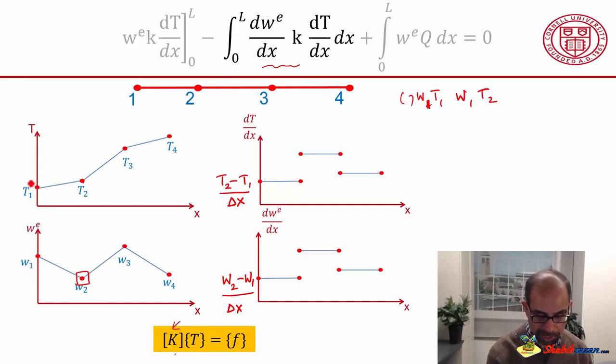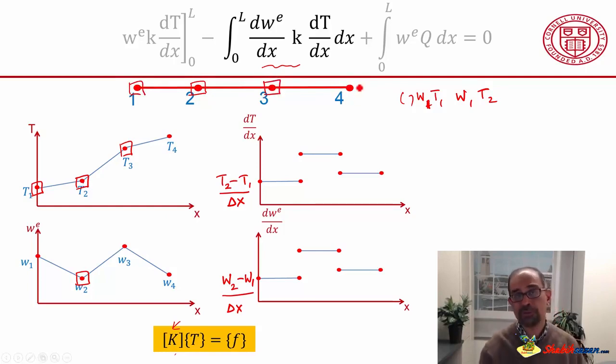W2 is multiplying T1, it's multiplying T2, that comes from the integral over the first element, and then W2 will multiply T2 in this integral, but it will also multiply T3. Which means that when I write the algebraic equation, when I collect terms, the algebraic equation at this node will involve the temperature value here, and the temperature value here and the temperature value here. It won't involve the temperature value here.